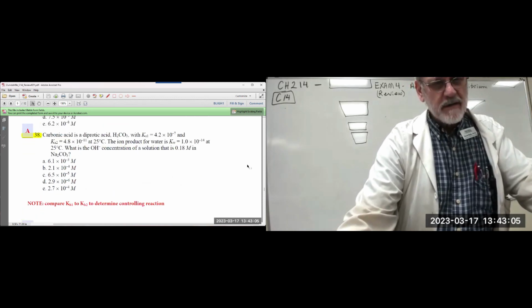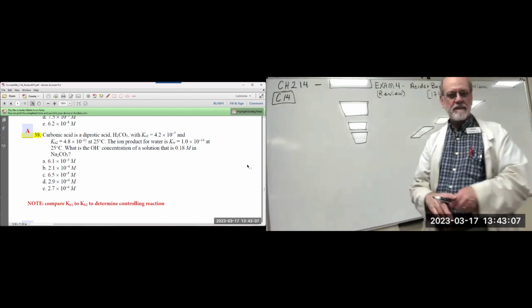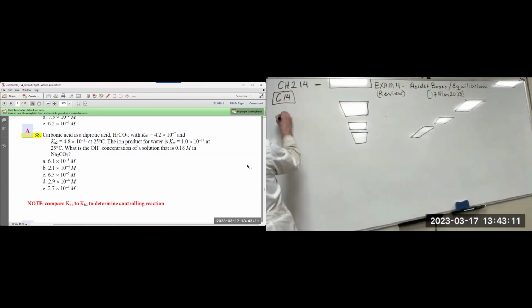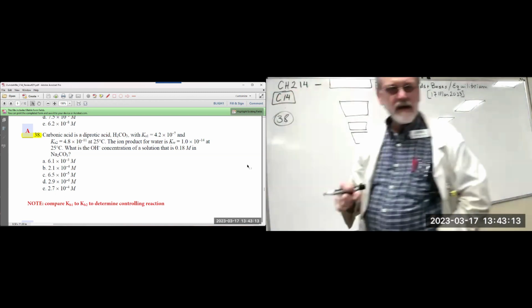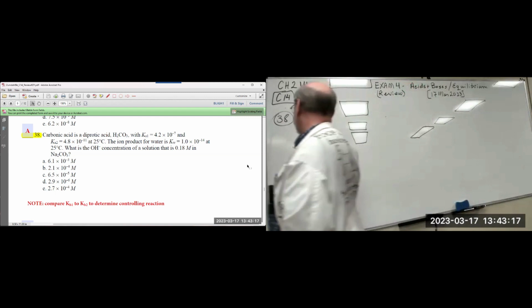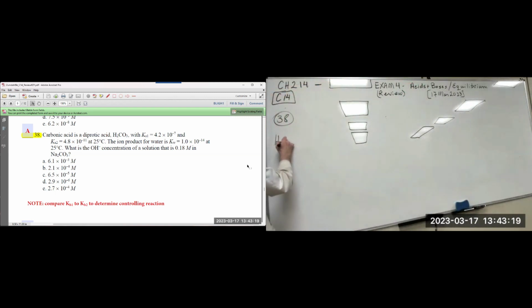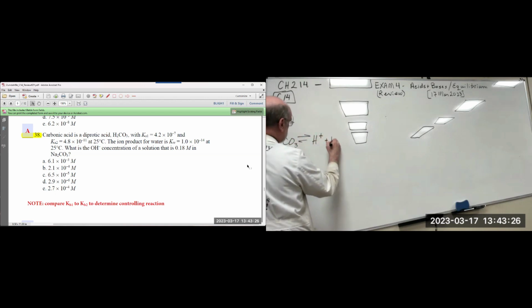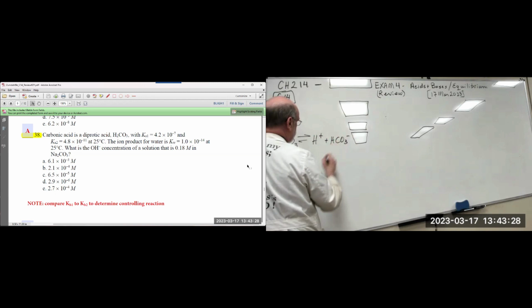38. Okay. Carbonic acid is a diprotic acid, H2CO3. It will dissociate the first time to give HCO3 minus.